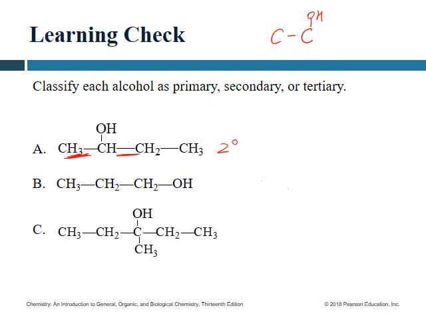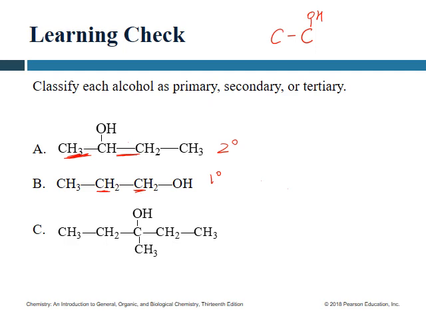Again in this case, this is CH2, the carbon that is bonded to hydroxy. How many carbon-carbon bonds does this have? One carbon-carbon bond. So this is primary. Let's try the third one.